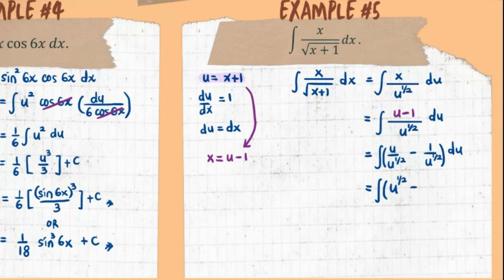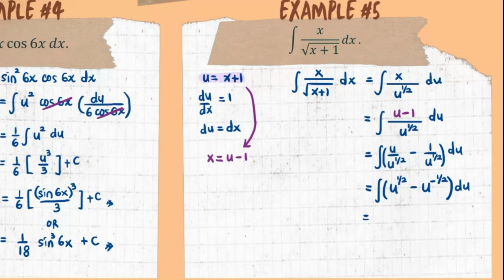Dan 1 over U to the power of half. Apa kita nak buat? Bawa U to the power of half ini ke atas. So it will be U to the power of negative half du. So dari sini barulah kita akan start integrate.